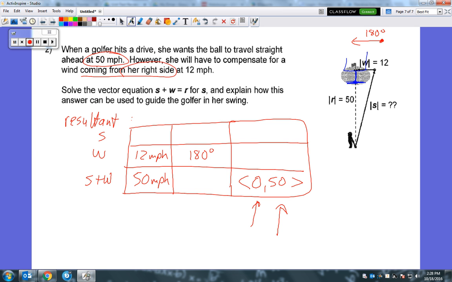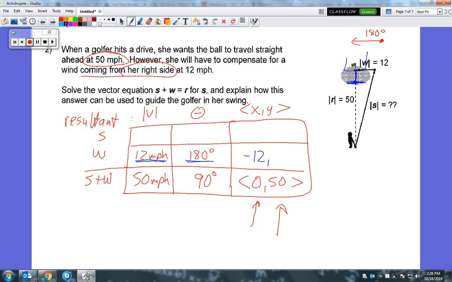So this is the magnitude, this is the angle, and these are the components. What directional angle was this resultant? 90 degrees. And just like you've been doing with everything else, you're going to do the magnitude times the cosine of that to get your x component, the magnitude times the sine of that to get your y component, and what would you write down for the wind?